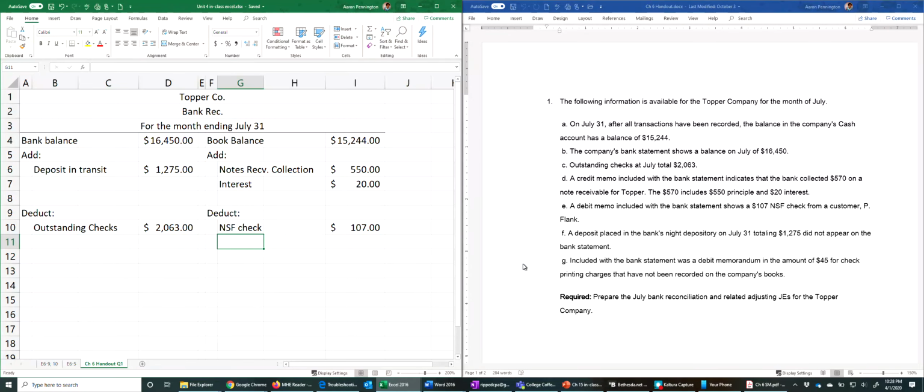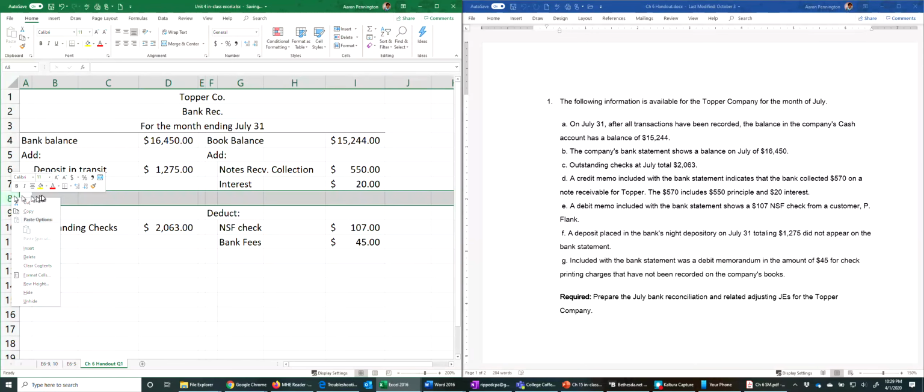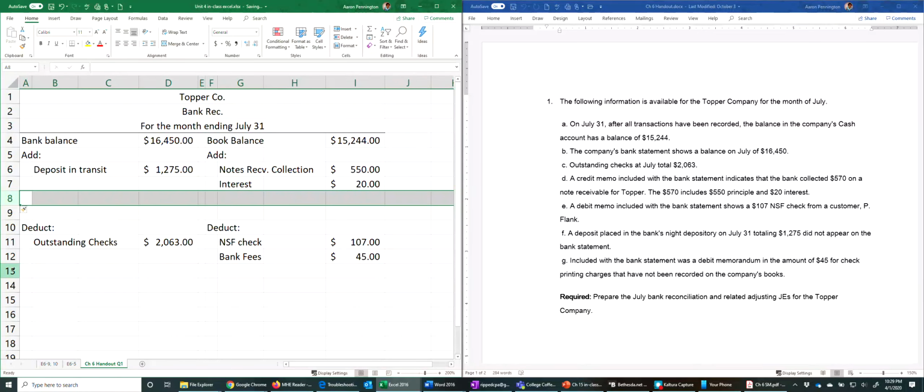We need to record that, and we'll just call this bank fee. So we've got a couple of deductions here. Let's do some subtotals, just to make the reconciliation look better.